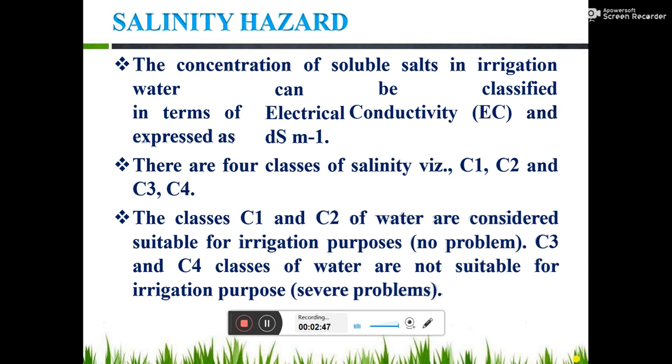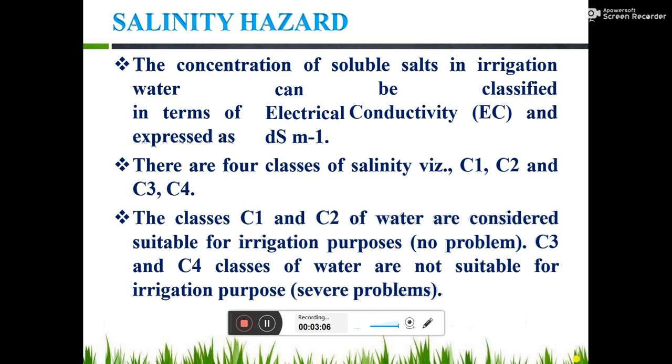Then the salinity hazard. The concentration of soluble salts in irrigation water can be classified in terms of electrical conductivity, that means EC, expressed as decisiemens per meter. There are four classes of salinity: C1, C2, C3, and C4.